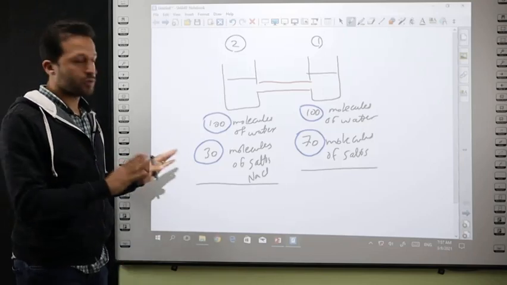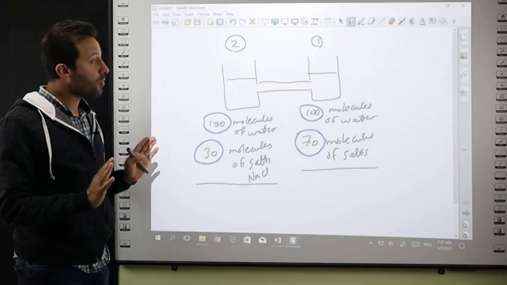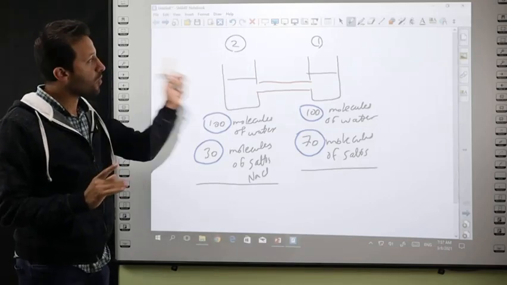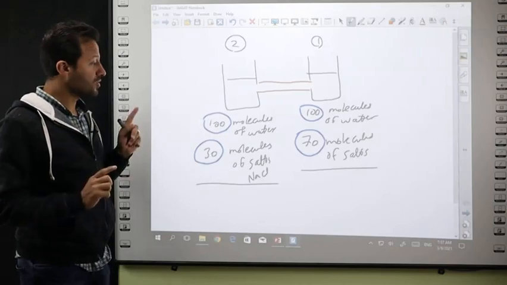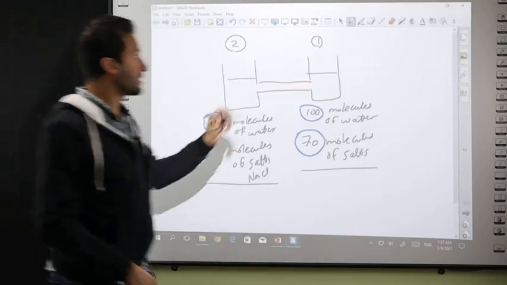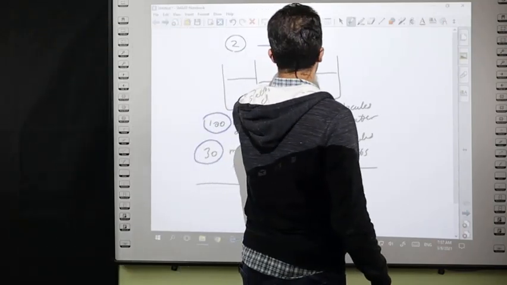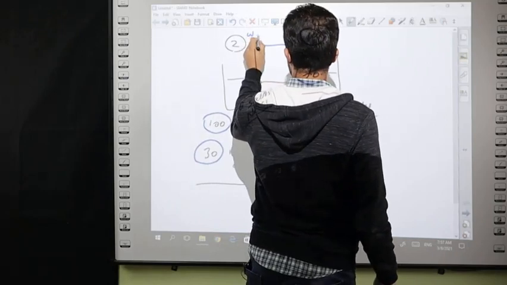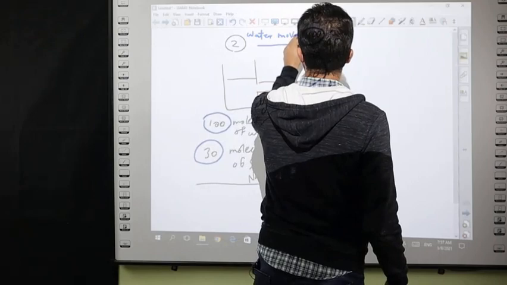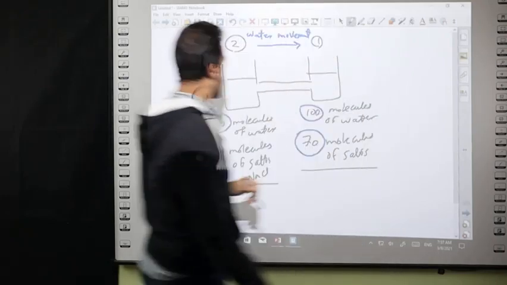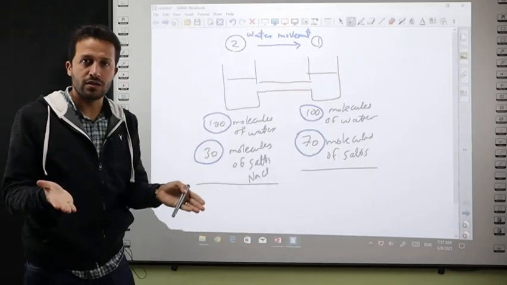I think that the water will move from 2 to 1. So this is the water movement from 2 to 1. Why?